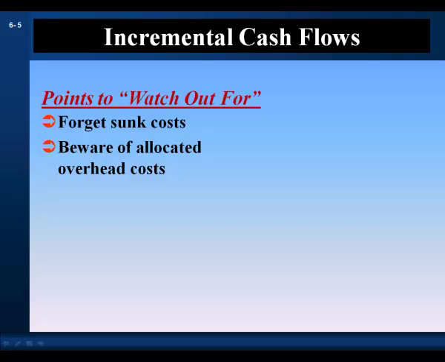But the principle of incremental cash flow says that only the additional cost that would result from the project should be taken into account when appraising the project. A project may generate an increase in overhead costs, or it may not. If the allocated costs are not produced by the project, and if these costs would still exist without the project, they should not be included in estimates of the project's cash flow.